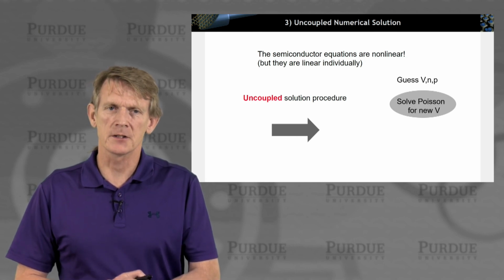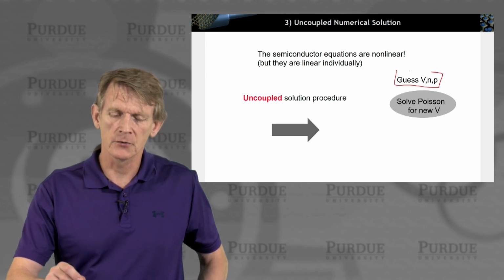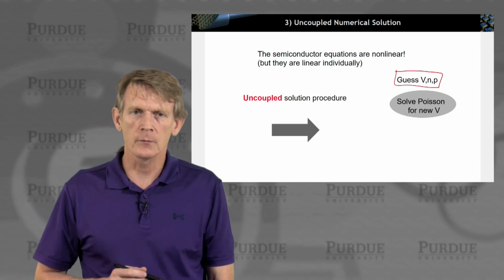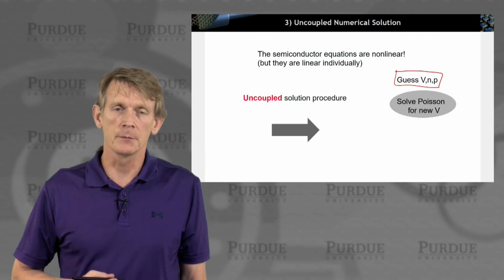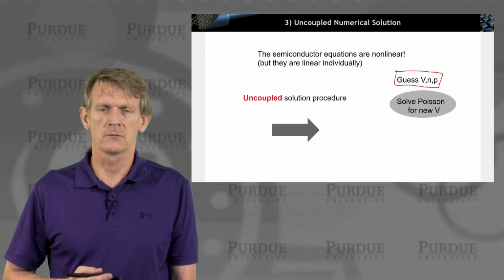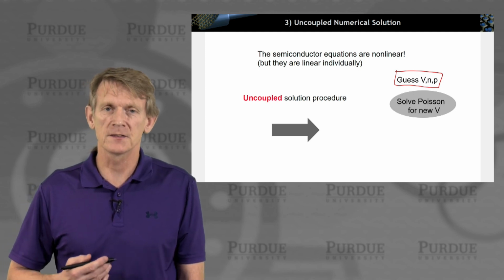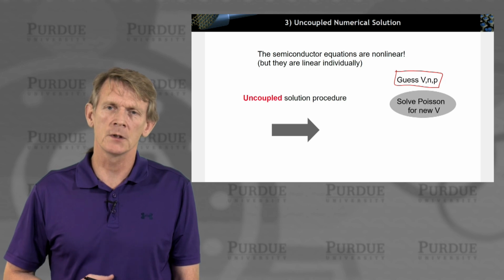You guess what the charge distributions would be. And often, if you look at simulation tools, you will start from the equilibrium condition. That is something that can be calculated relatively easily, and it's very stable to compute.